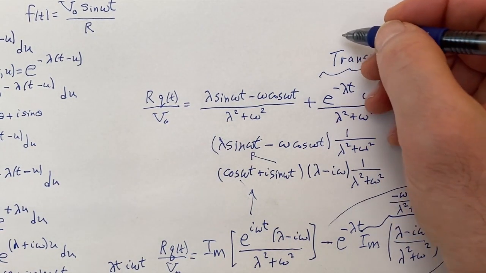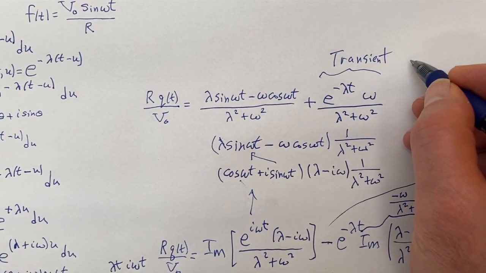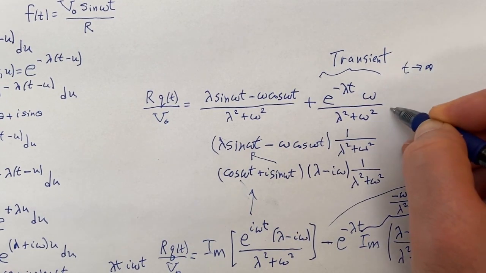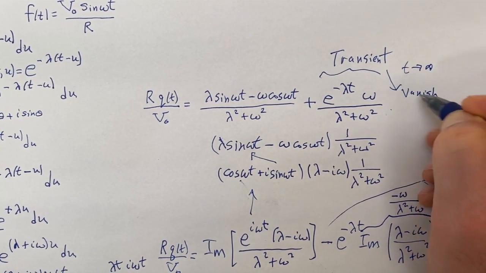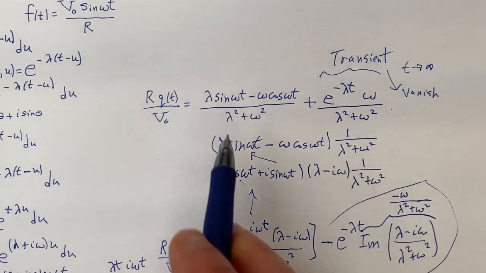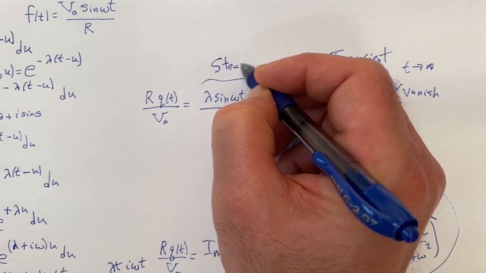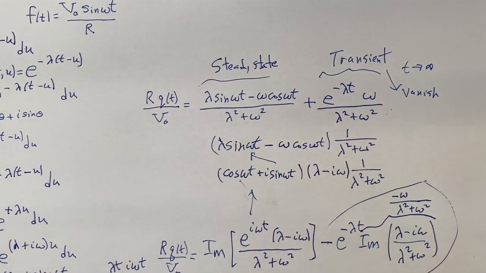As time goes on, say to infinity, this transient piece will vanish. This will go away. And you'll just have the steady state. This one here is the steady state solution.